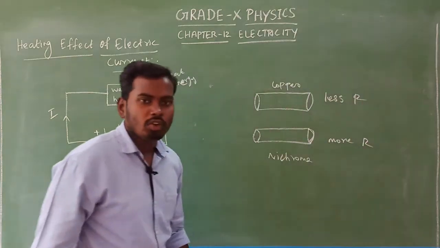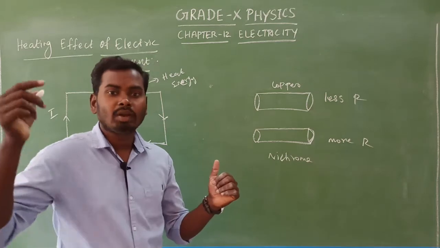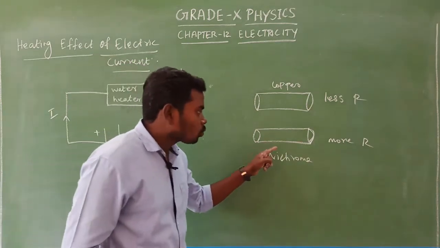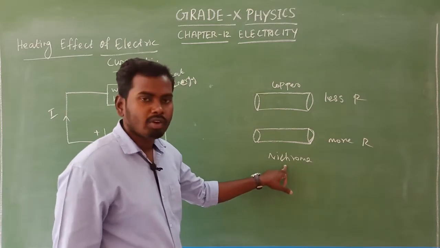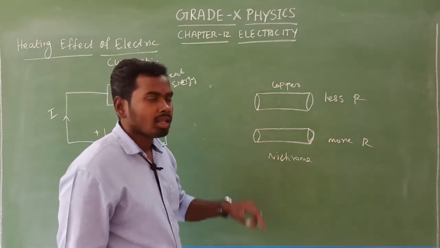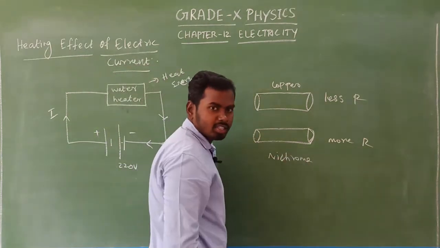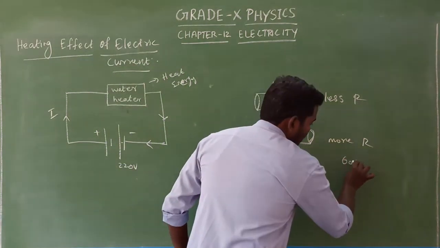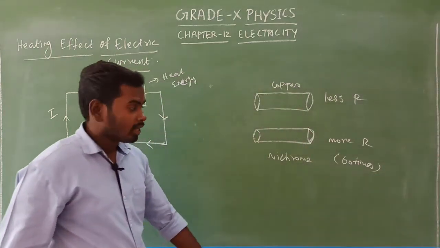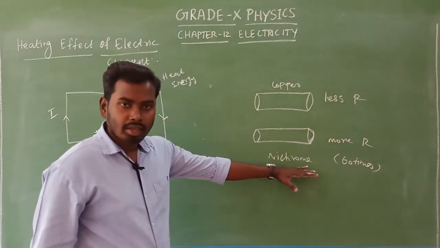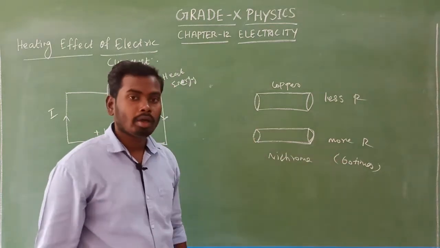So already we know if resistance is more, then the heat will be more; if resistance is less, heat will be less, isn't it? So which wire will produce more heat? Nichrome wire will produce more heat compared to copper. The nichrome wire resistance is 60 times bigger than the copper wire, isn't it?